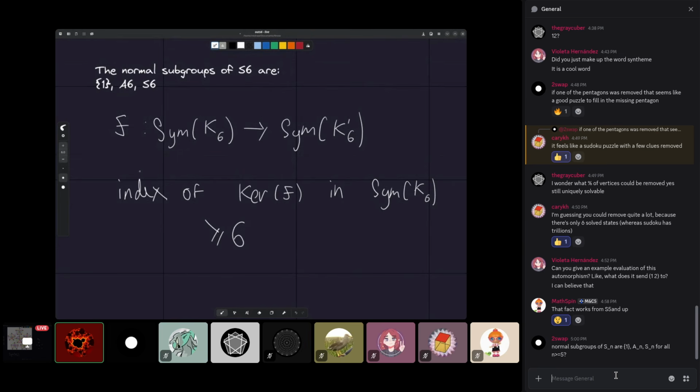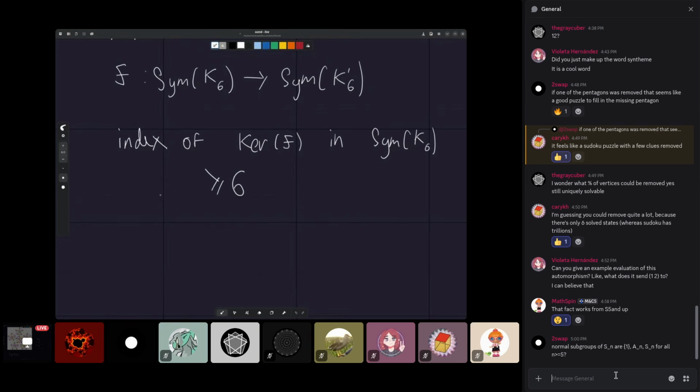Help me out. Why is that the case if the action's transitive? Why does that imply that the index is at least 6? The index is the size of the quotient group. 6 distinct elements to get mapped to. That's right, perfect, thank you.